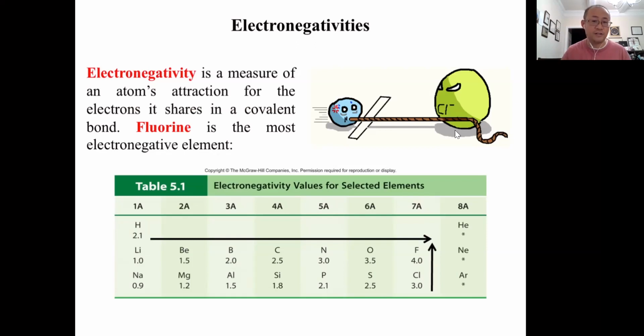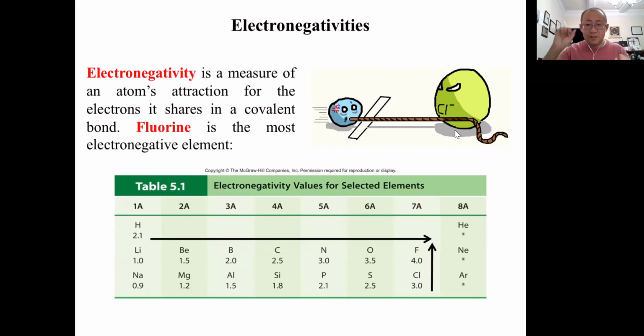The trend in the periodic table is that if you move from left to right across a period, the electronegativity increases. If you move from bottom to top across a group, across a column, the electronegativity also increases. Or from top to bottom, the electronegativity decreases.